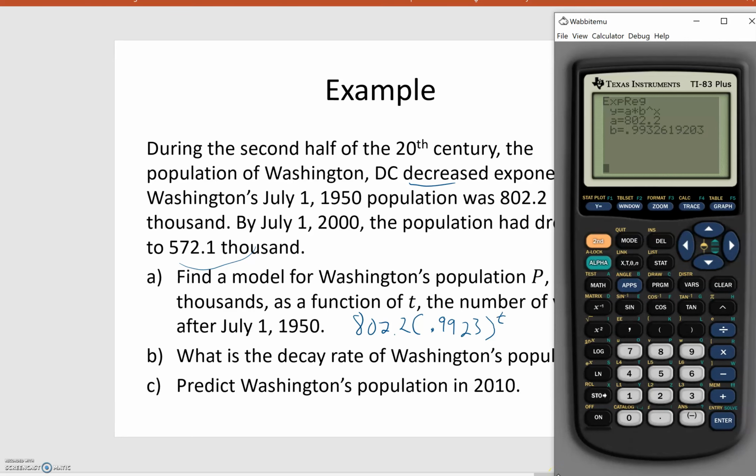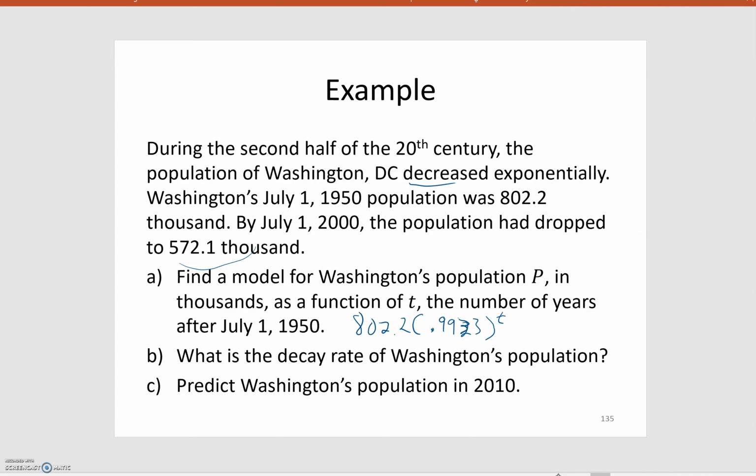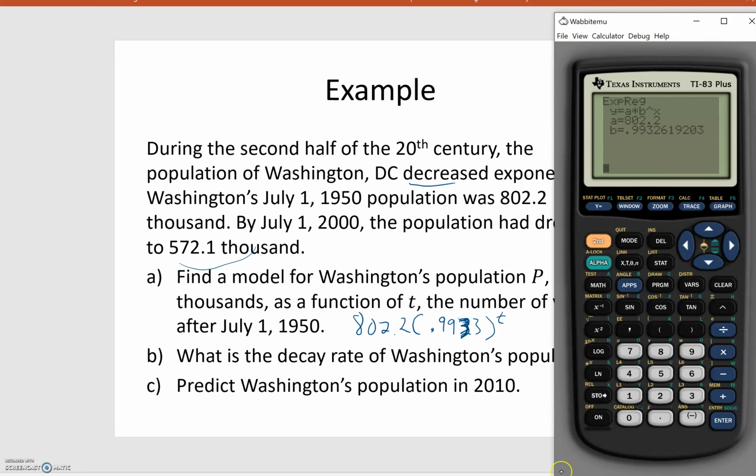I keep referencing the calculator because I forgot it. 9933, I'm sorry, that was actually 9933. To get my decay rate, I need to go back to the calculator and use the b value and subtract that from 1.